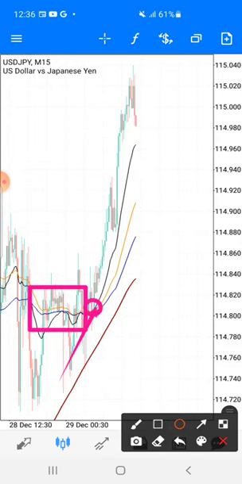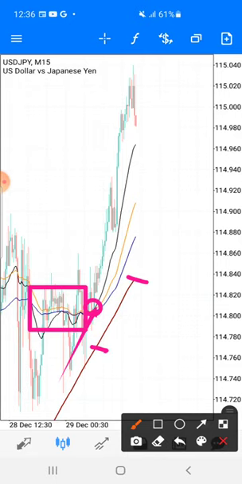Once they cross below the chart, you place your buy. When you place your buy, you set your stop loss at this point, following this line. All you need to do is keep locking in profit as the price keeps going, shifting your stop loss below the moving average 200. So currently your stop loss should be here.